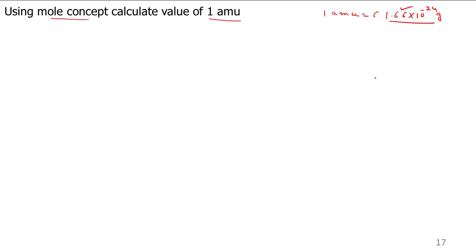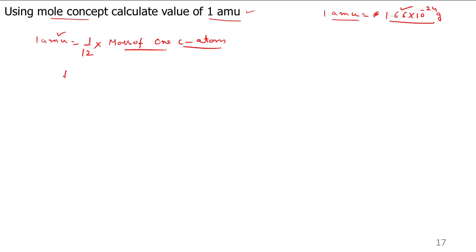So we have to now calculate this value from the mole concept. First let us define AMU. 1 AMU is 1/12th of the mass of one carbon atom. So the mass of one carbon atom divided by 12 is 1 AMU.